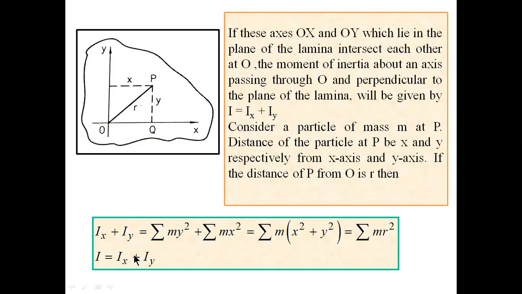So I equals Ix plus Iy. The moment of inertia about an axis passing through O and perpendicular to the plane of the lamina is given by I equal to Ix plus Iy.